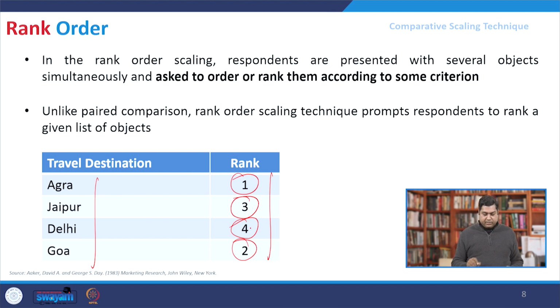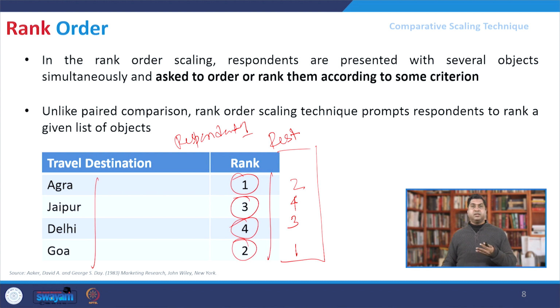Suppose this is the ranking given by respondent 1. If you ask respondent 2, the values may change, like this is 2, this is 1, this is 4, this is 3. It is possible because it is his or her preference.